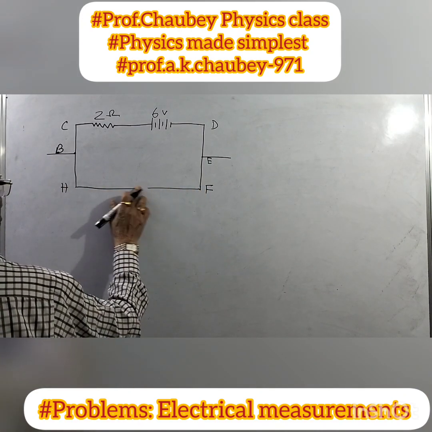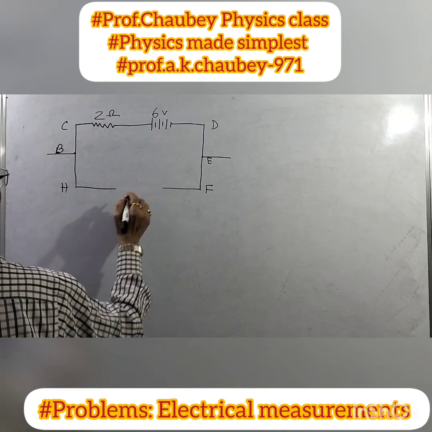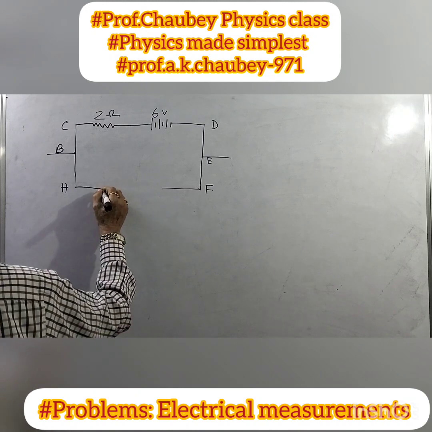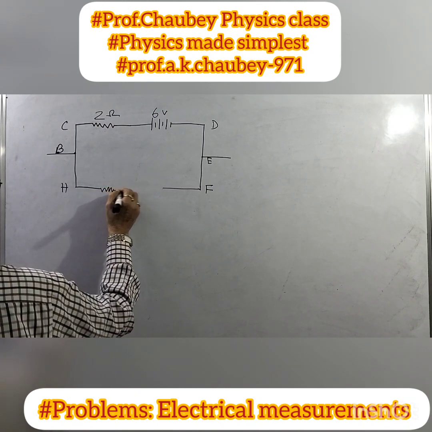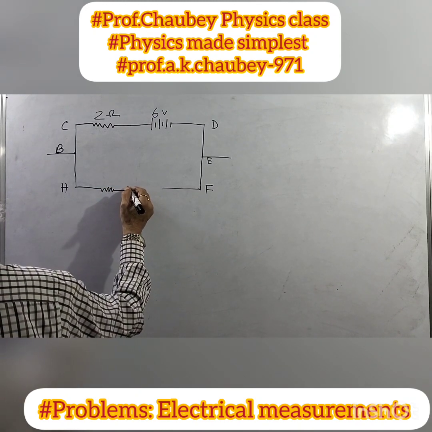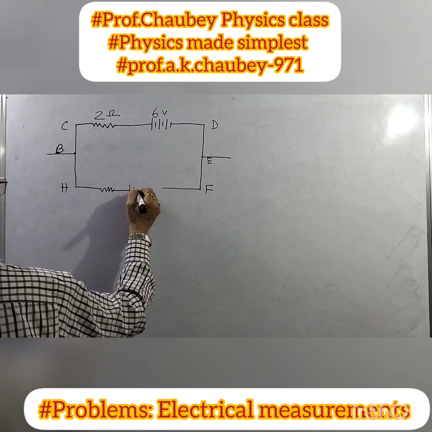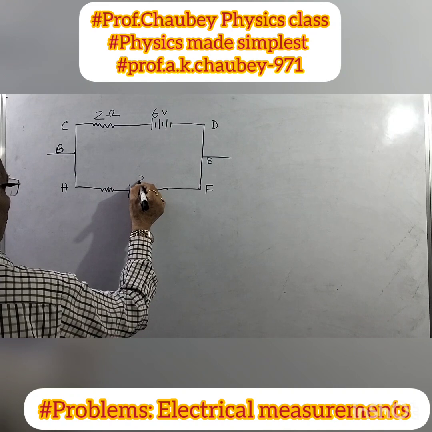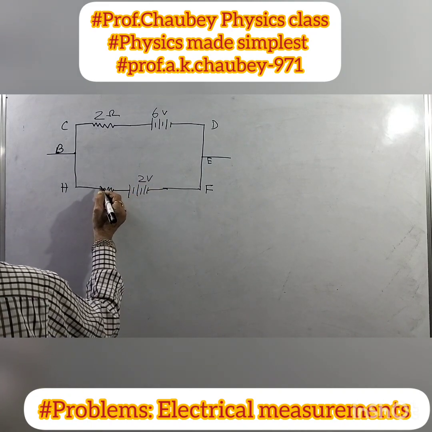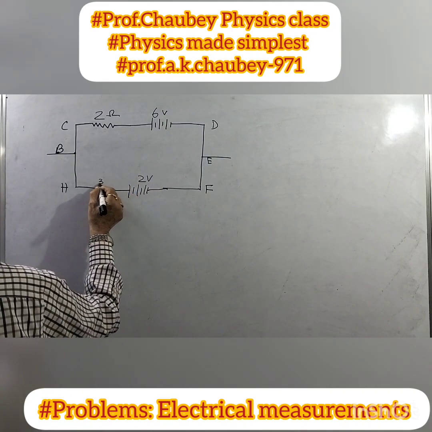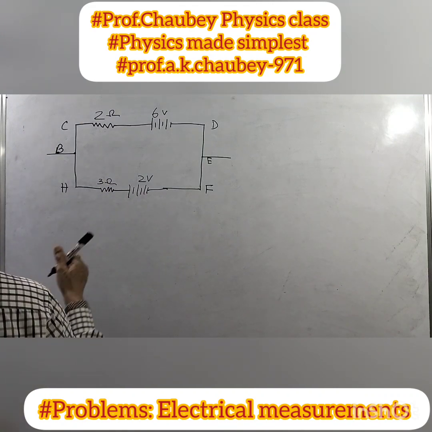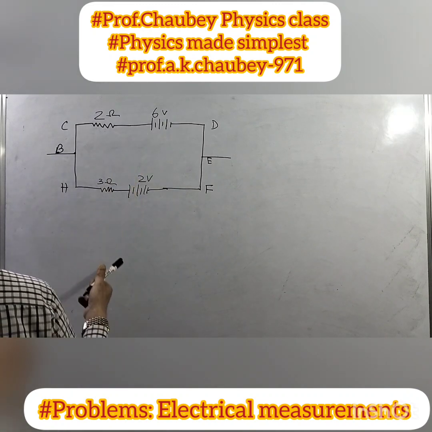Here I also have to connect a resistance of 3 ohm and a battery of 2 volt. The two batteries have EMF 6 volt and 2 volt, and they are connected.